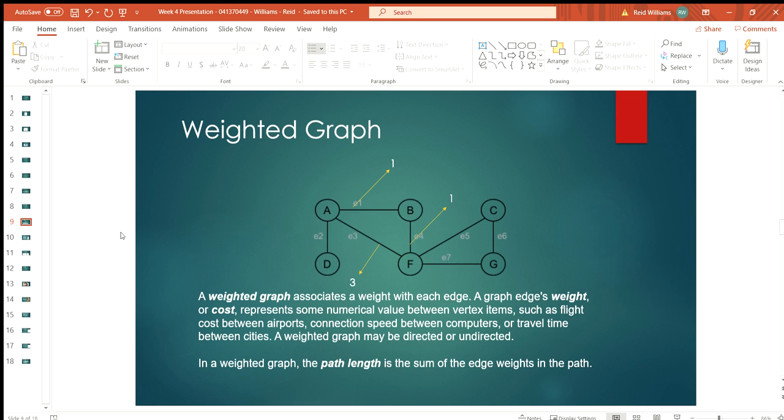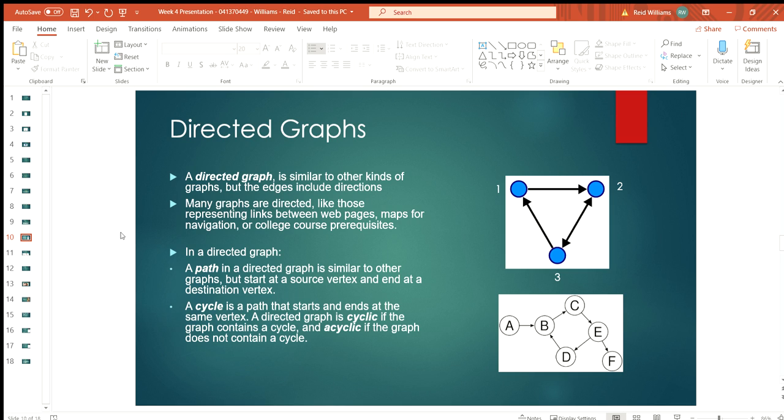Now moving on to directed graphs. A directed graph is similar to all other kinds of graphs, but each of the edges is assigned a direction.